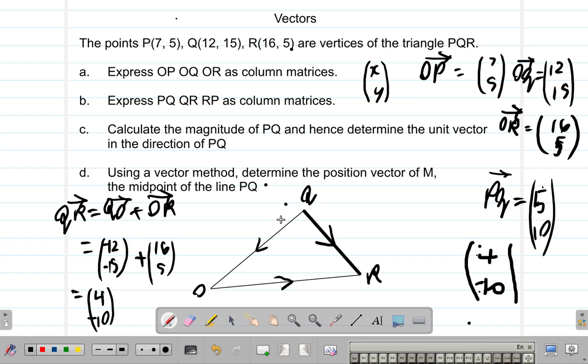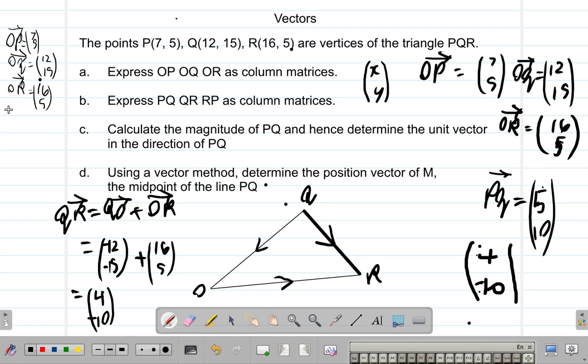So far, let me just write these things down over here so that we don't lose them. OP is 7, 5. OQ is 12, 15. OR is 16, 5.